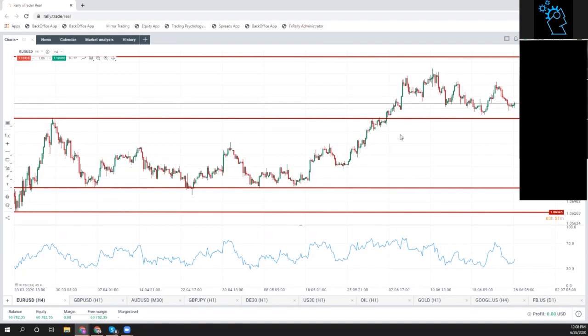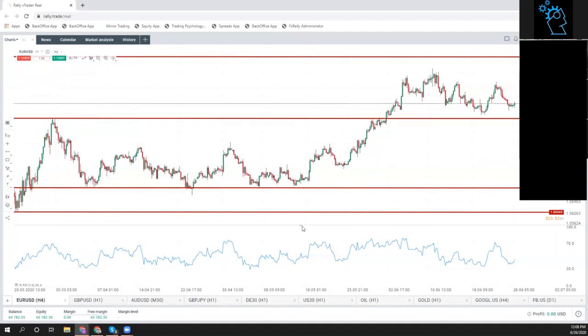So right now on euro dollar, we have an H4 chart, so a 4 hour chart. I'm still using the 14 period RSI because it gives good signals and you can easily read it.